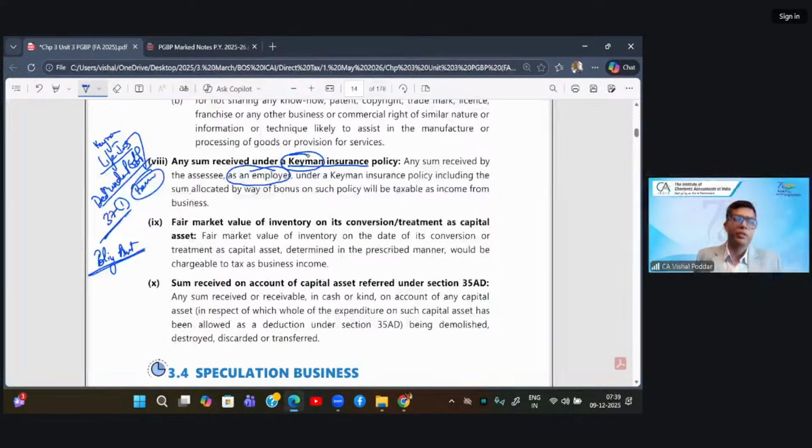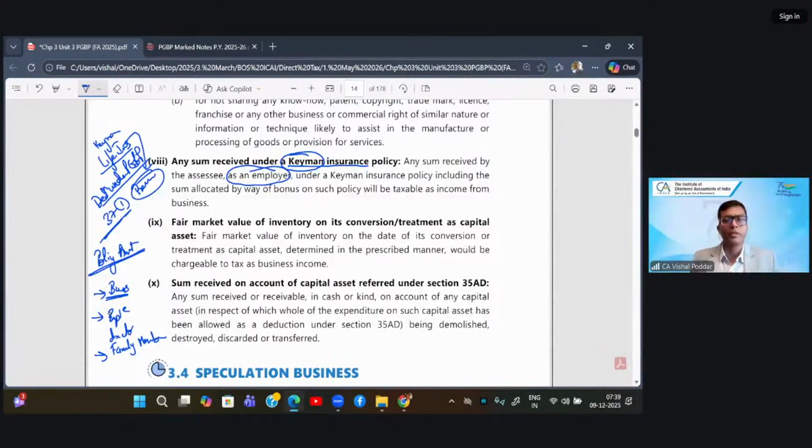this Keyman insurance policy provides that either the payment will be given to the business, that is to the employer who has paid the insurance, or it will be given to the person, that is the employee or director, or after their death to their family members.